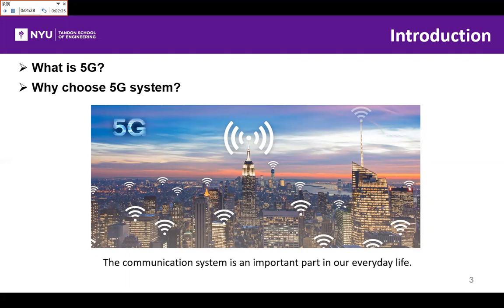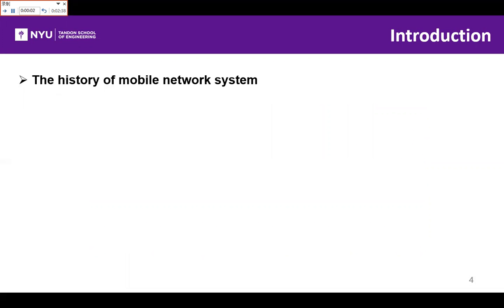Next, let's take a look at the history of mobile network systems. In the 1980s, mobile cellular networks started to develop from the first generation wireless technology, which is 1G. 1G is only an analog standard that can only transfer analog voice, and it applied FDMA technology.